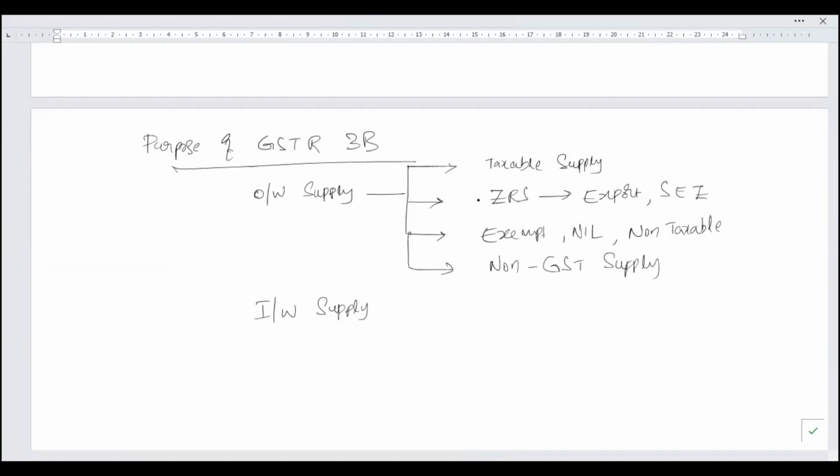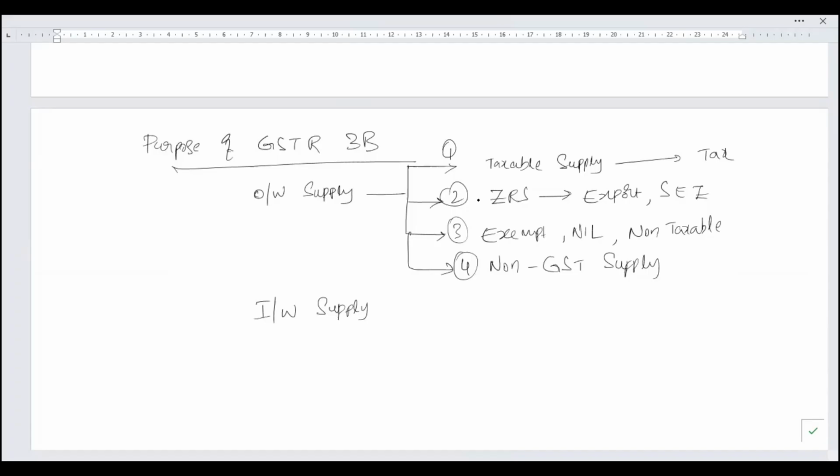So whatever outward supply is there, the government wants it in these 4 buckets. They want you to disclose your taxable supply, and along with it the tax I have to pay to the government. Zero-rated supply, that is actual exports or supplies to SEZ. Third, your exempt, nil-rated, non-taxable category. Fourth is your non-GST supply.